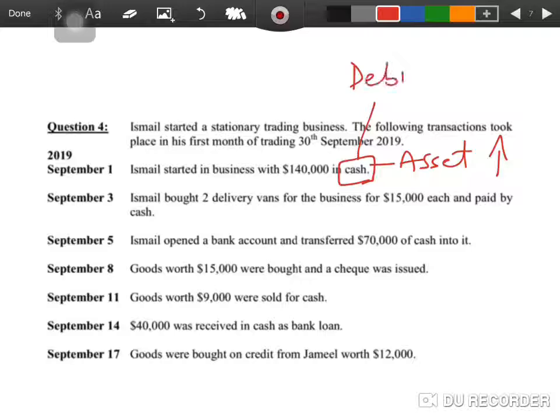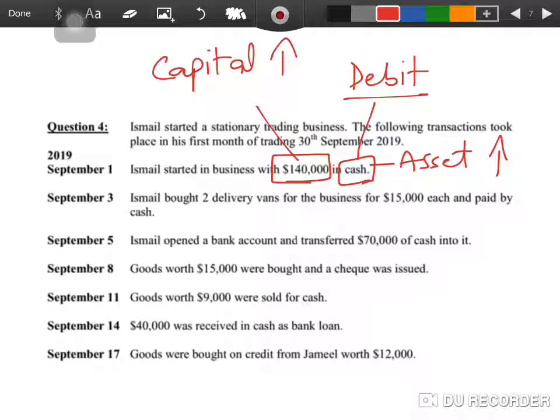On the other hand, this money was invested in the business by the owner, which is called capital. So the owner's money in any business is called capital. Now in this case, the owner is investing money into the business. Therefore we can say that the capital of the owner in the business is also going up or increasing.